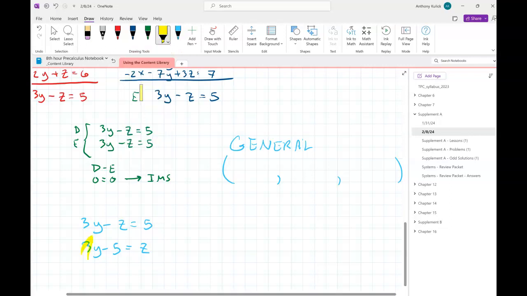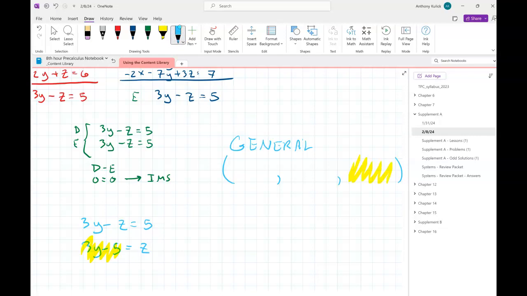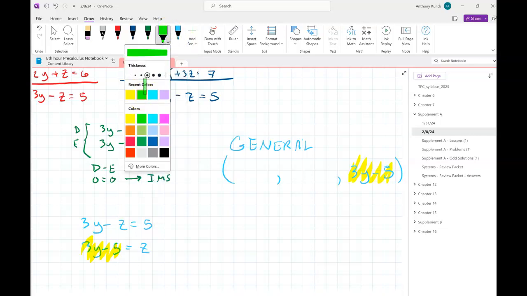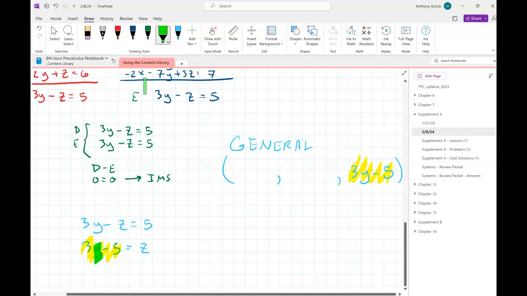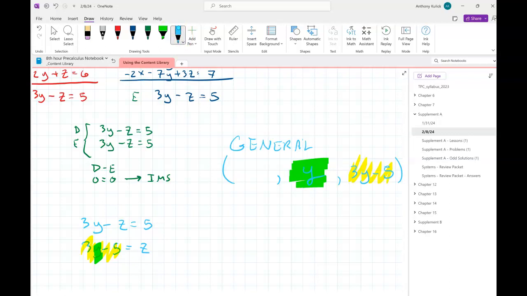So what that's going to do is tell you what the component for z is. Everybody's okay there? Because that component for z is in terms of y, the y component should just be y. It's going to act like the independent variable.